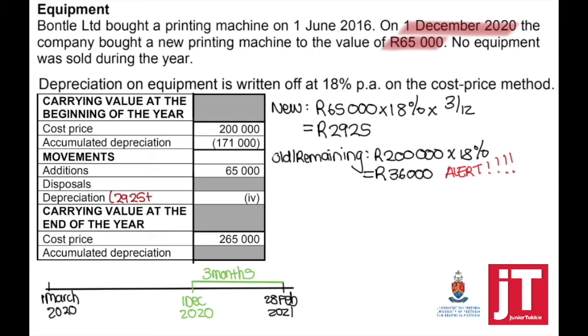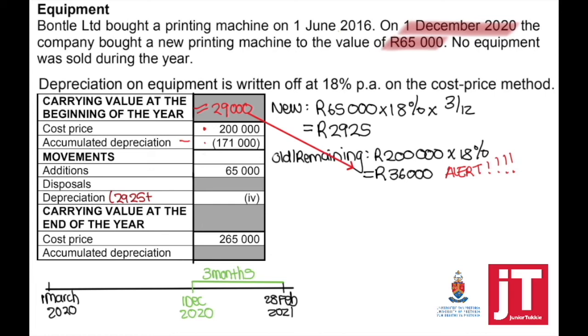We calculate the carrying value in the beginning by taking the cost minus the accumulated depreciation. So my carrying value is 29,000. Now, if I compare that carrying value to the 36,000, the depreciation would have been more than the carrying value.